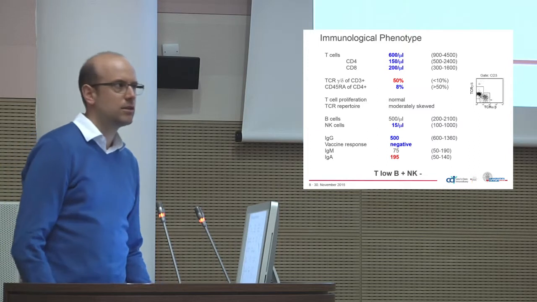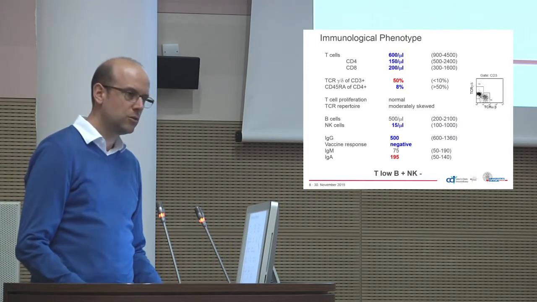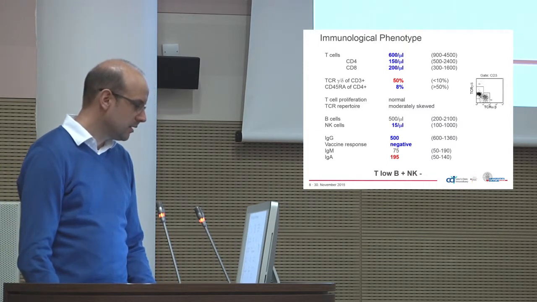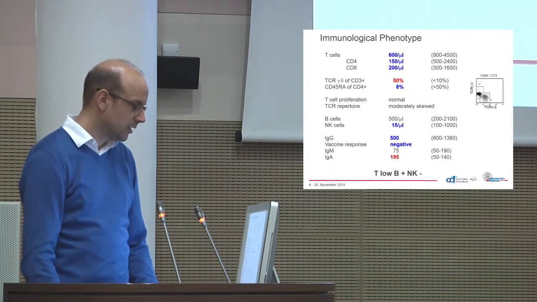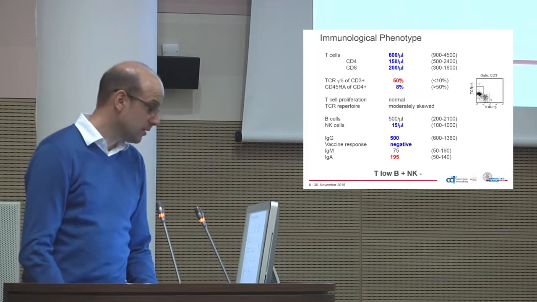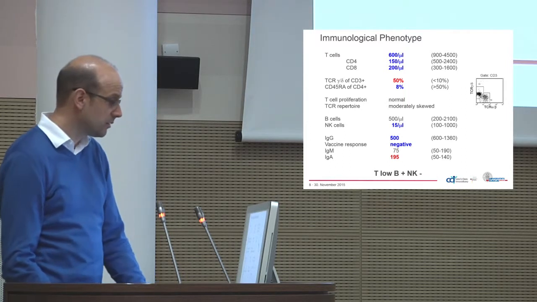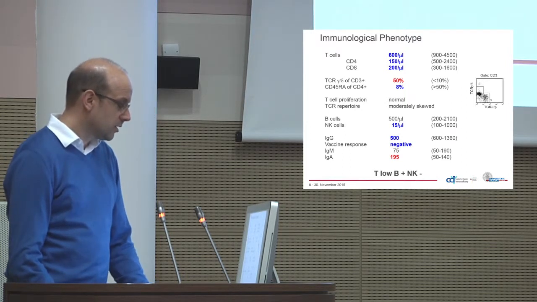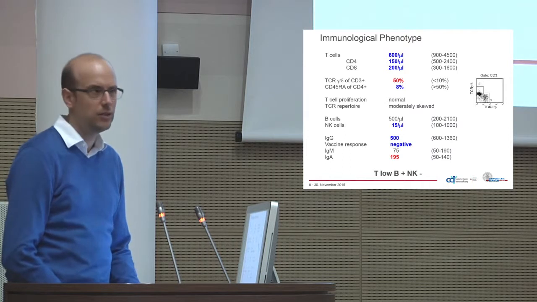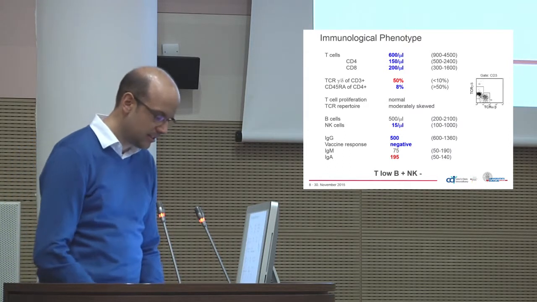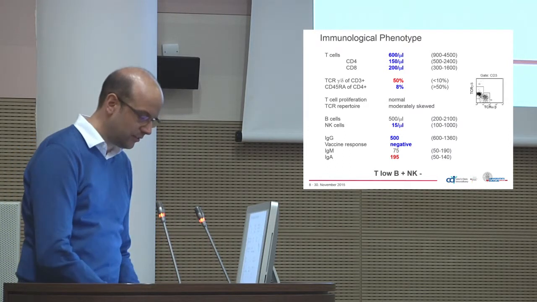His T cell receptor repertoire was mildly skewed, but generally broad. B cells were normal, but he was not able to mount antigen-specific responses, with negative vaccine responses. IgG was moderately low. NK cells were reduced, so a T low, B plus, NK minus phenotype, as you would think of in a classic SCID setting in this 5-year-old child.